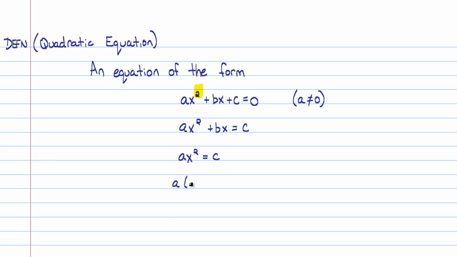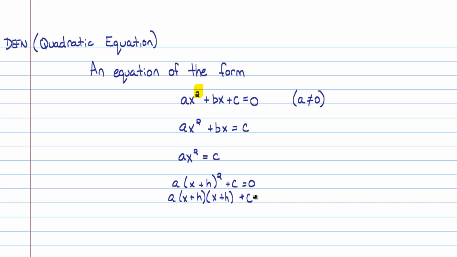Even this one: a times the quantity x plus h, squared, plus c is equal to 0. The reason I say this last one is quadratic, even though it's not explicitly given in the original definition, is that if you were to multiply out this binomial, you would get the following. That's just a times x plus h times x plus h, and then plus c.